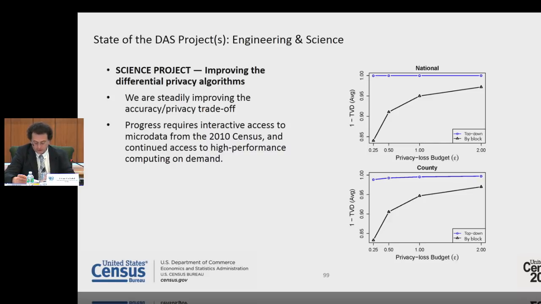These algorithms are also considerably more accurate than those used by the commercial vendors who are also using differential privacy. Continued progress requires that we retain interactive access to the microdata from the 2010 census, and continued access to high-performance computing on demand.